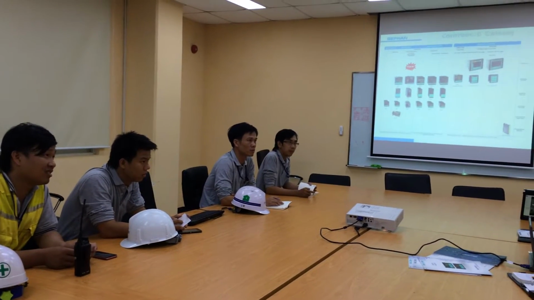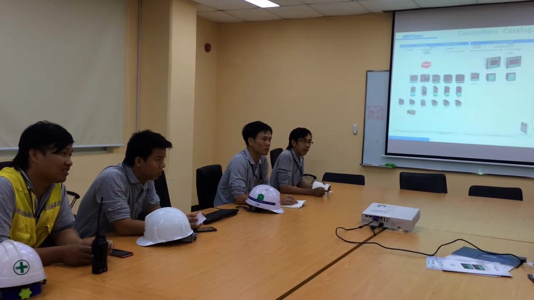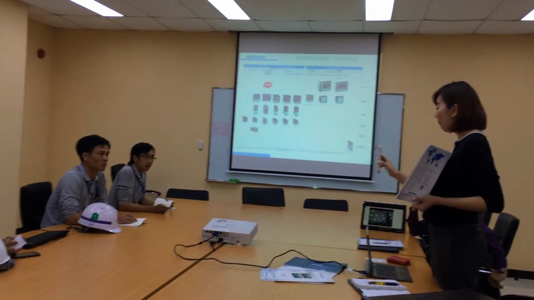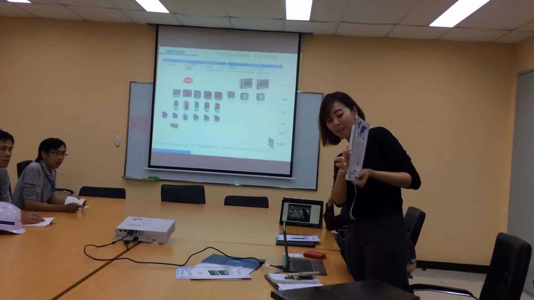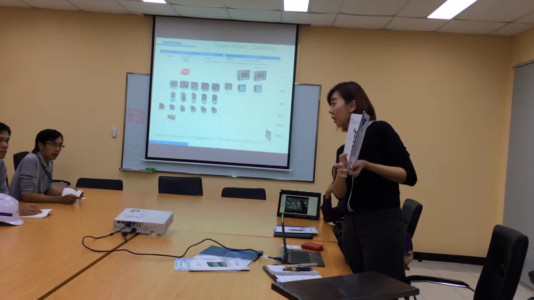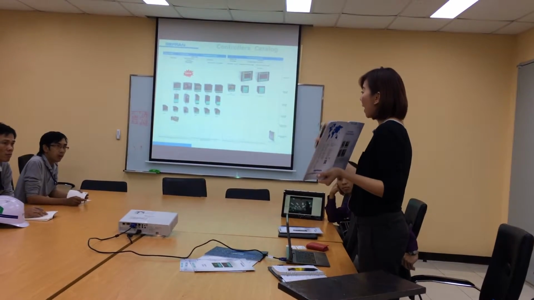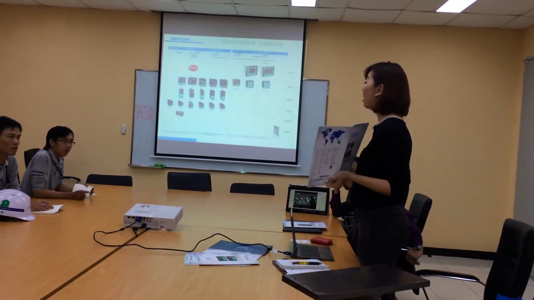You can put this small cable program into the Zapper, and you can bring the Zapper to your plant to copy and paste the program into the controller, just like this. Program to Zapper, Zapper to controller. Using the same cable, you copy and paste, and you can go. I can say it's error free.